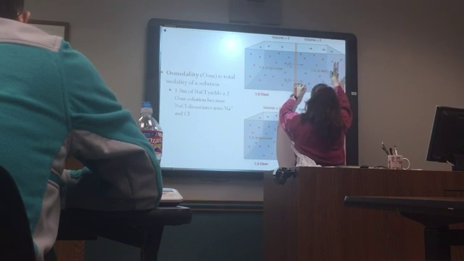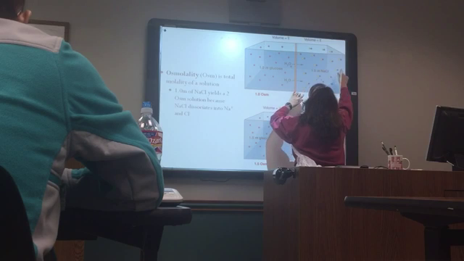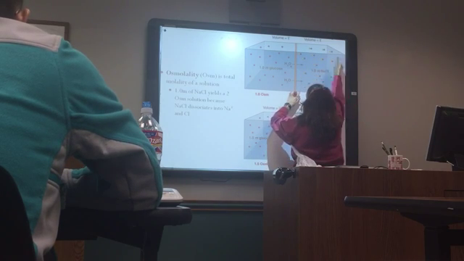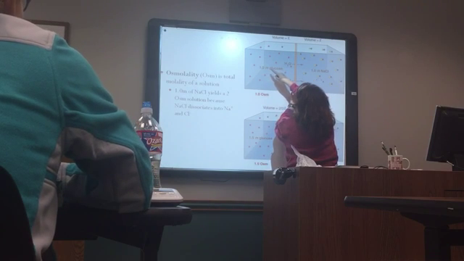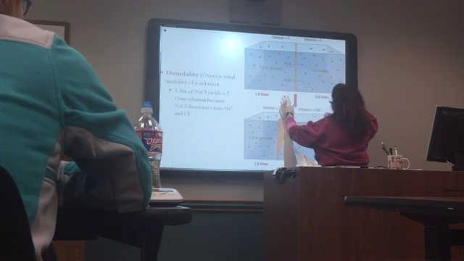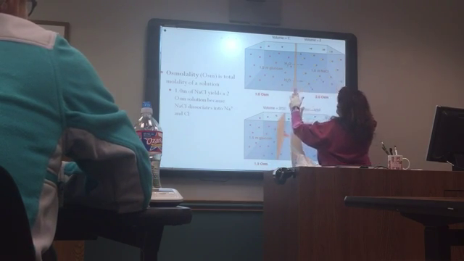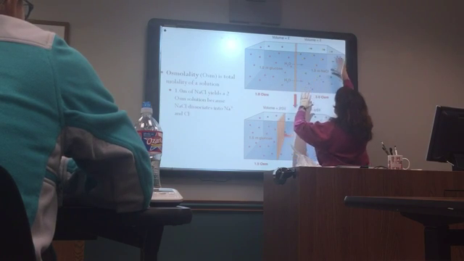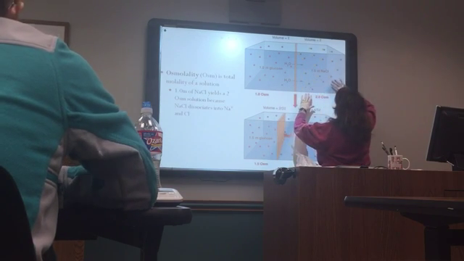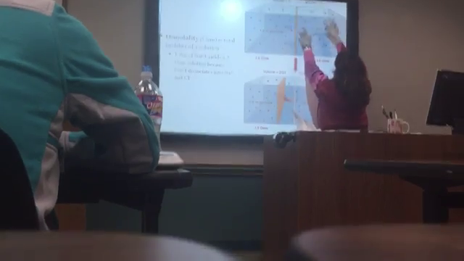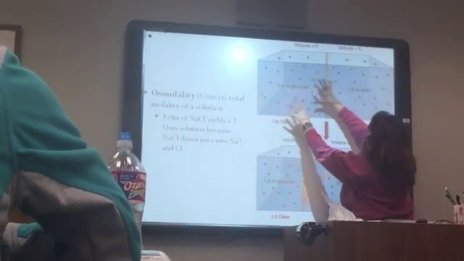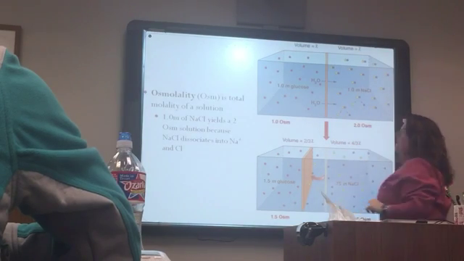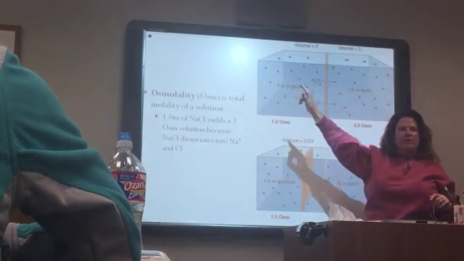Now we have 2 units. This has twice as many particles as does the glucose side, which means water wants to move over here. There's less water over here because there's twice as many particles over here as there are on the glucose side. So water wants to move over to the salt side, even though we started out with the same amount.